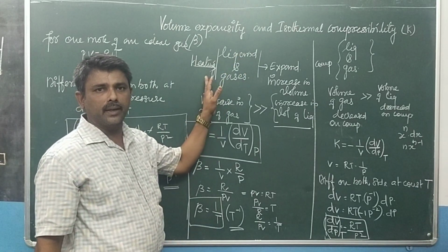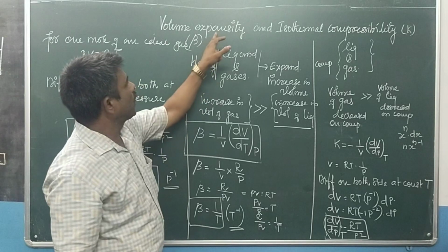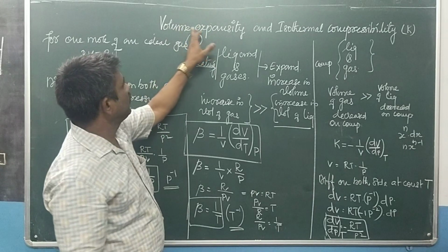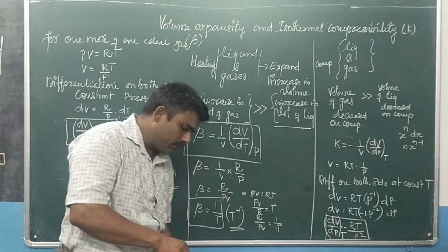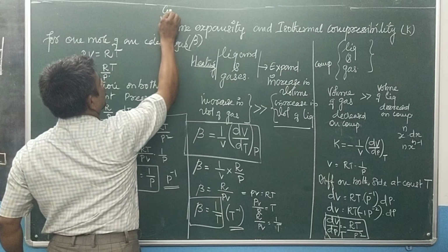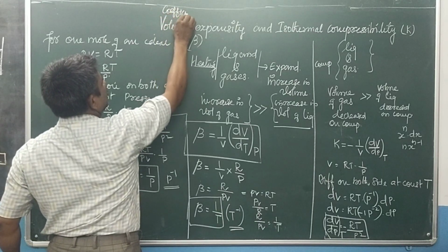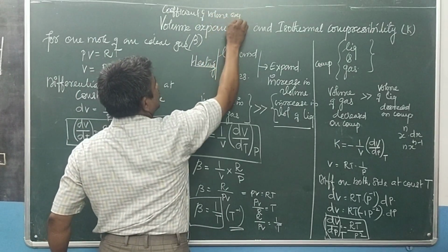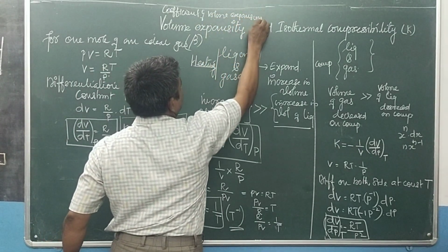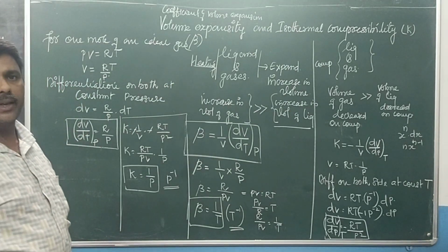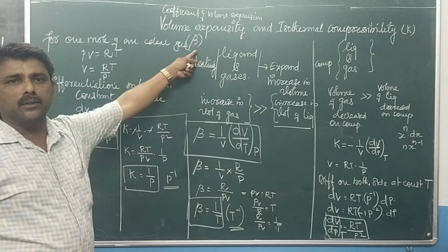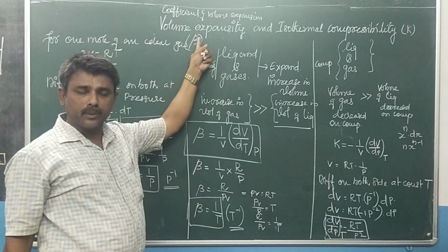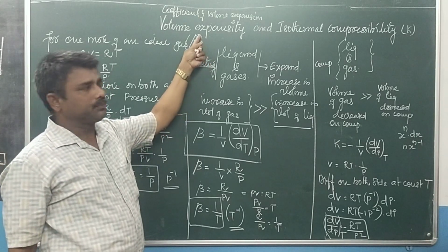This is described by the important thermodynamic property volume expansivity, fortunately a measurable property, also called the coefficient of volume expansion. For an ideal gas, beta is equal to 1 by T. The dimension for volume expansivity is T to the power of minus 1.